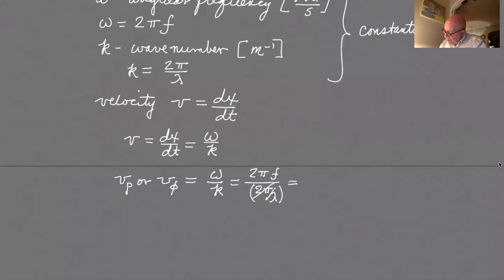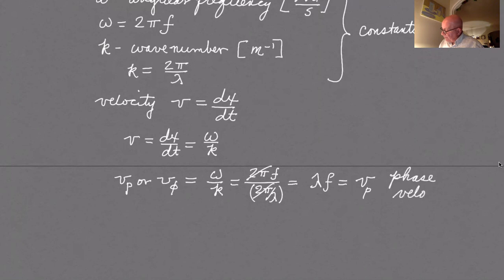The 2 pi's will cancel. That gives us lambda times f, which we know is the speed of propagation of that wave. In this particular case, we're calling it the phase velocity. Okay, so this is the phase velocity. And it's exactly what it says, right?